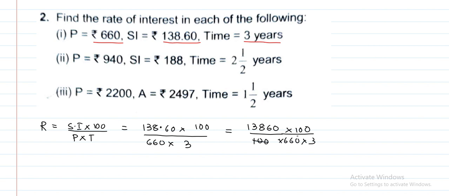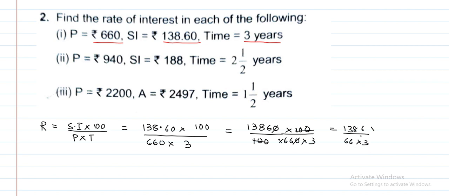This 100 and this 100 got cancelled. Now this is divisible by 3 and the 10s will get cancelled. Now it has become 1386 by 66 into 3.